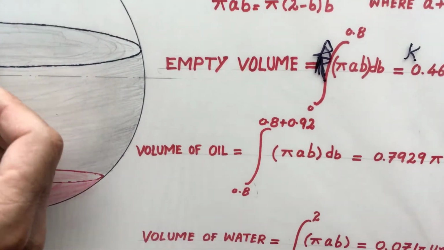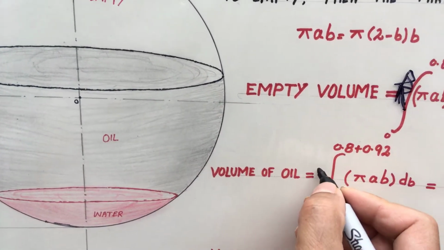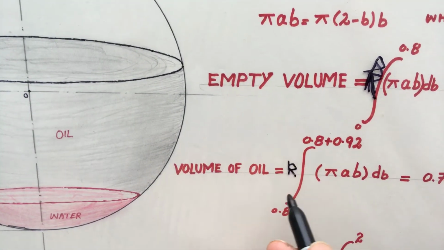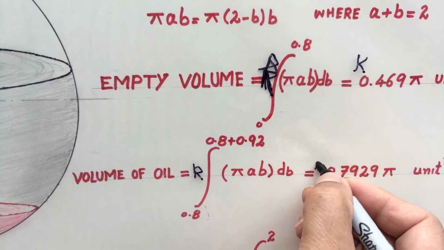Same is the volume of the oil in the transformed ellipsoid. It will be k times the volume of the oil. So it's just so easy.